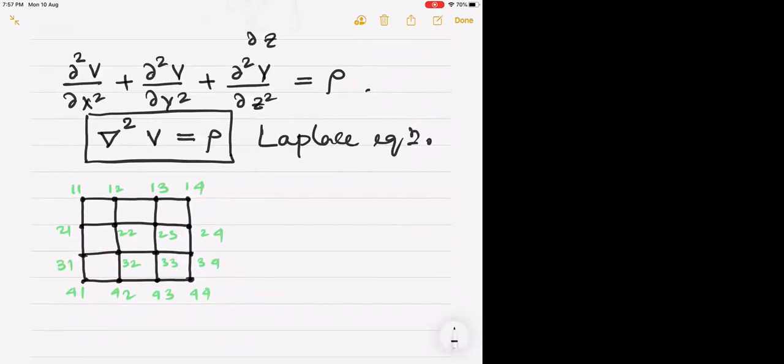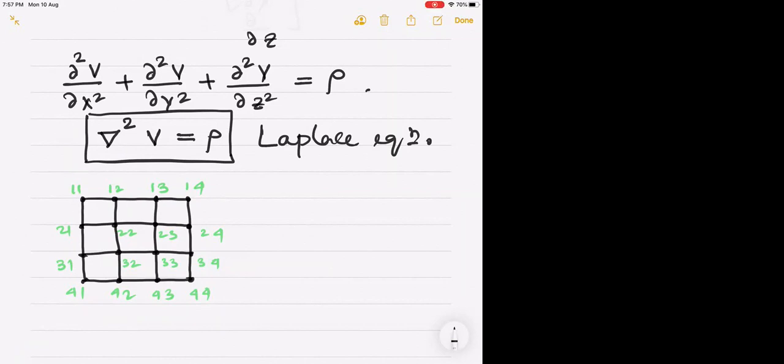Notice that here I don't have any z axis, so the z coordinate is not present at all. I have only x and y coordinates, so I have to write down this equation in a discrete form for the xy coordinates, in this scenario where they have been discretized into small segments.